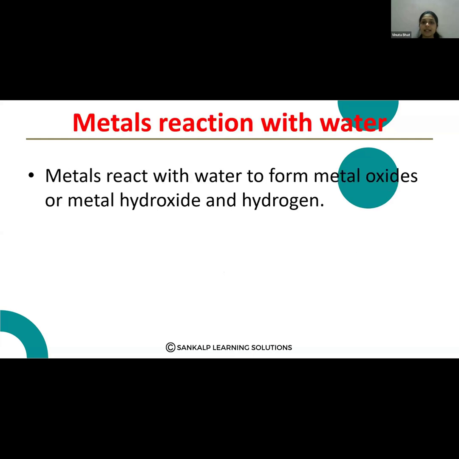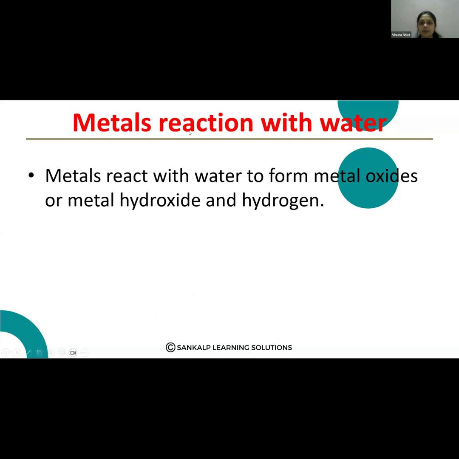So let us move to the next chemical property, metals' reaction with water. What happens when metals react with water? Here, metals react with water to form metal oxides or metal hydroxides and hydrogen.